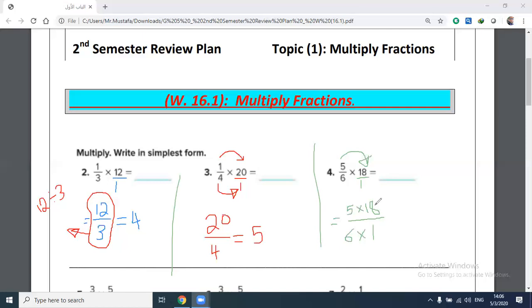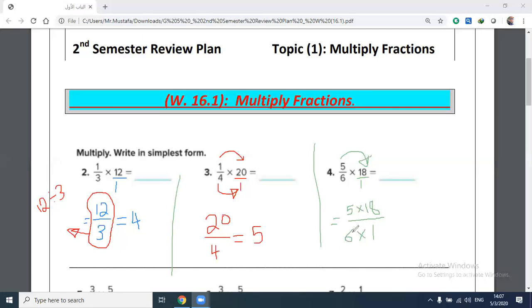Which one is the biggest? 6. If you start with 3, it's okay, but we'll divide again until nothing is left. 18 and 6 are both divisible by 2, and by 3 and 6. But go for the biggest common factor, it will be much better.